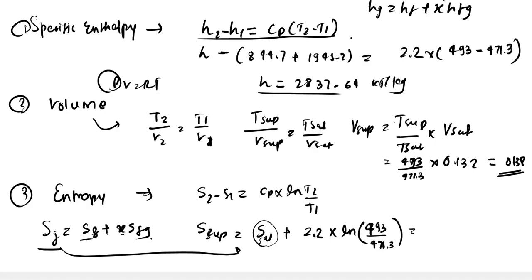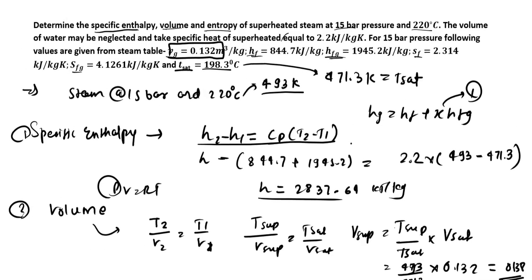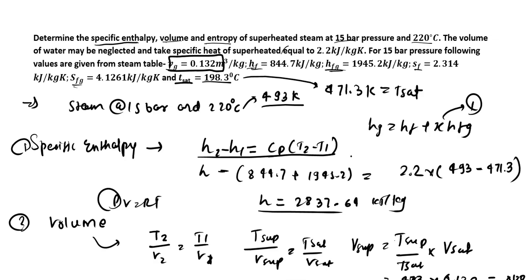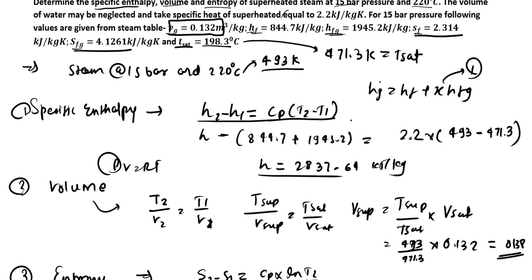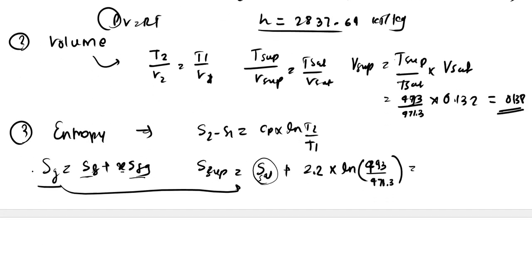The Sf and Sfg values are given in the question: Sfg is 4.12 and Sf is 2.314. Just add both of these to get the Sg value, and put it into S saturated plus 2.2 into ln 493 by 471.3.